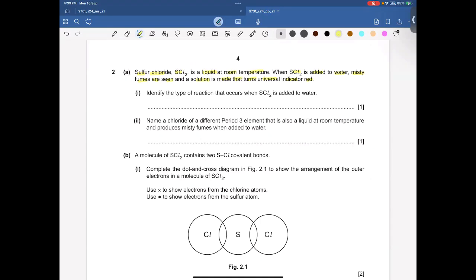Okay. Why is SCl2 reacting with water? Because sulfur belongs to period 3 and all period 3 elements have vacant d orbitals, which is why they can easily hydrolyze with water.